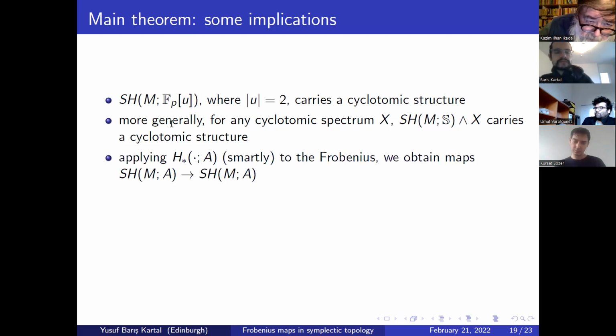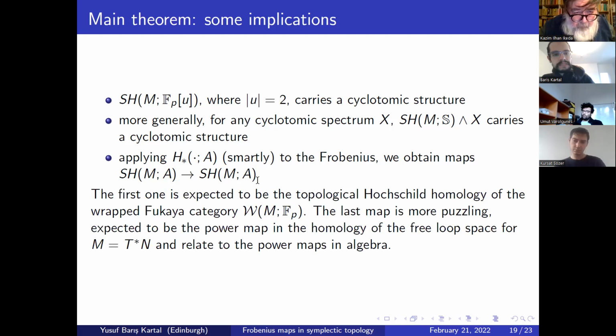And for instance, you can actually apply the homology in a tricky way to the Frobenius to obtain maps from SH to itself. Here, this is somehow orthogonal to the Frobenius maps, but you get some maps related to the power maps. So the first one that I mentioned is expected to be the topological Hochschild homology of the wrapped Fukaya category with coefficients in F_p.